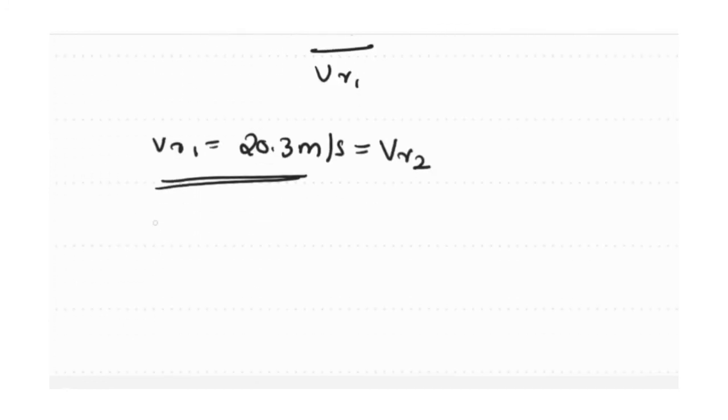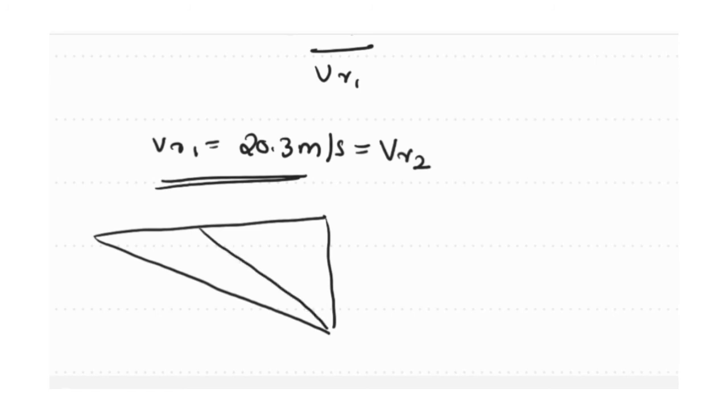So it looks like this. Here it is beta 2 and this is alpha 2. In the question this angle is actually given as 120 degree, that is V2, VF2.